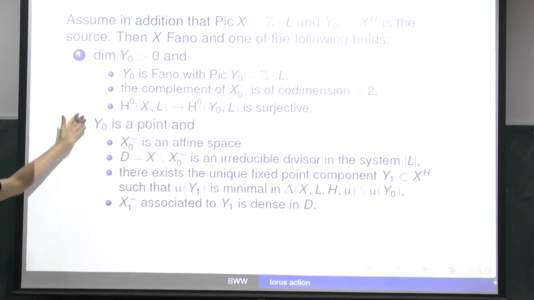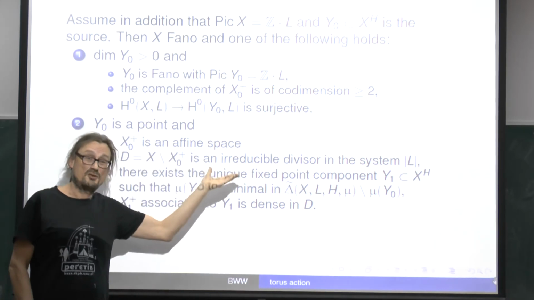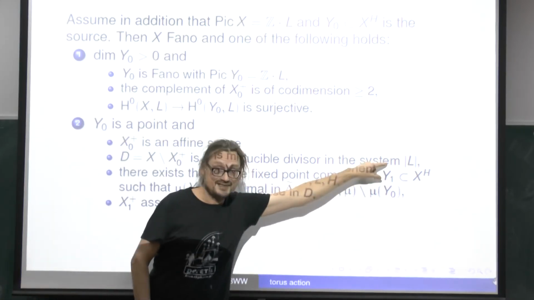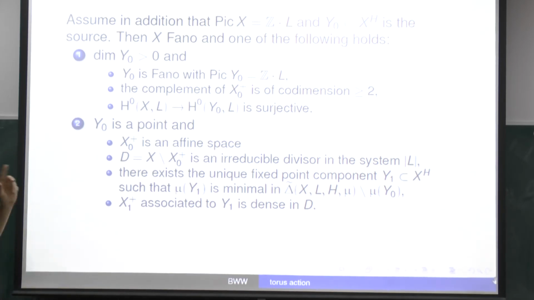And a similar thing, if this is a point, here you know that the complement is the irreducible divisor, which is actually in this linear system. This again comes from the cohomology. And moreover, if this is a single point, then still you can derive even more information.